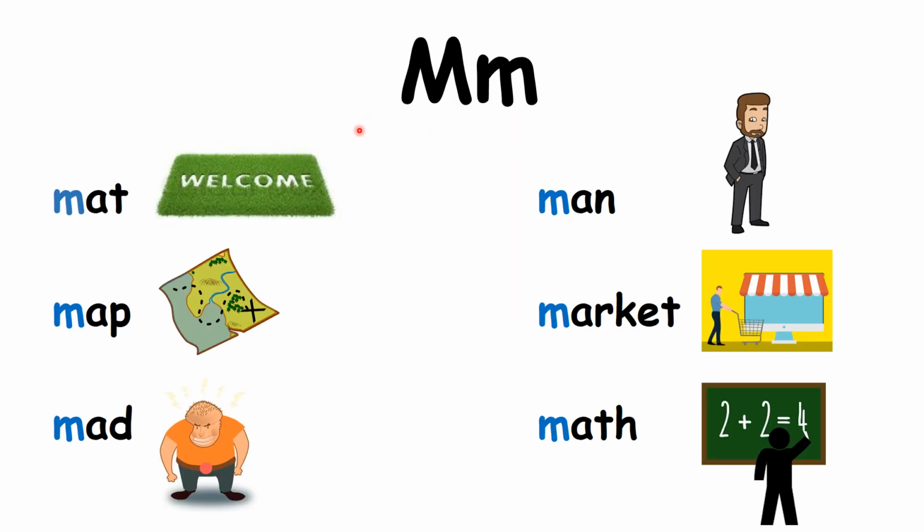So let's read these words with pictures. Sound it first, follow this pointer. Mat. Again, mat. Map. Map. Mad. Mad. Man. Market. Market. Math. Math. All right, it's your turn.